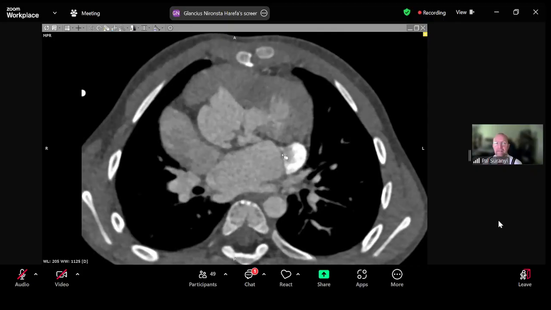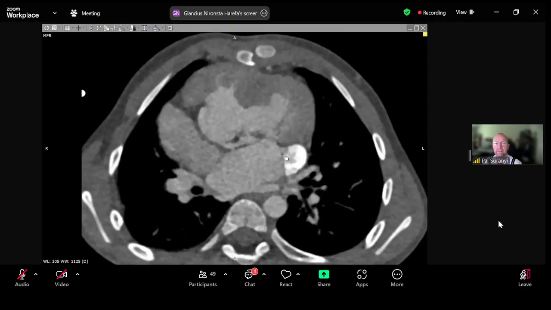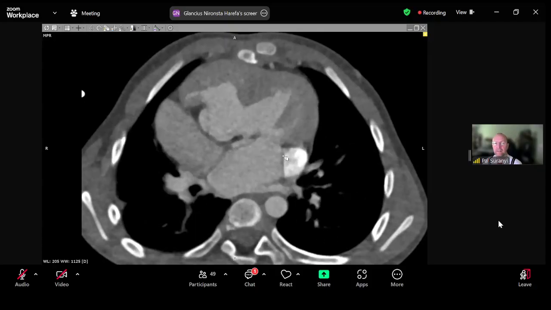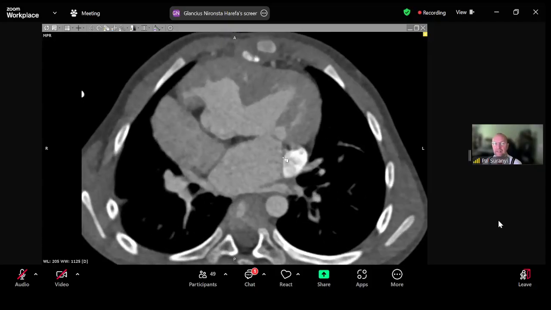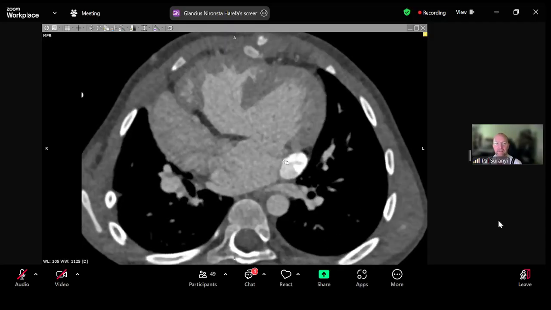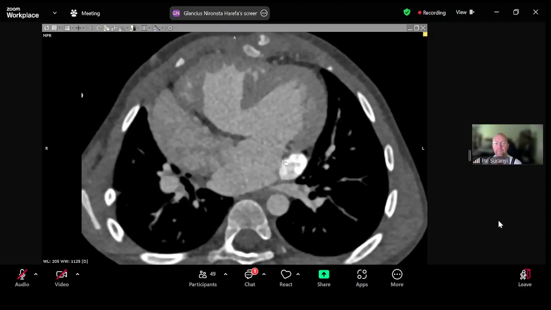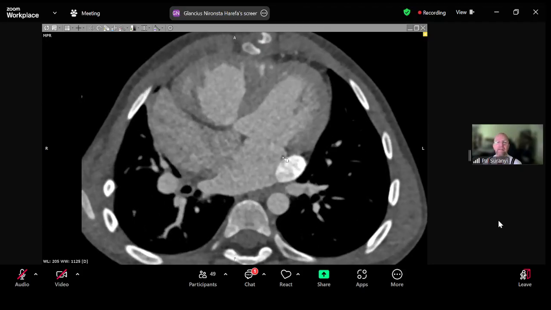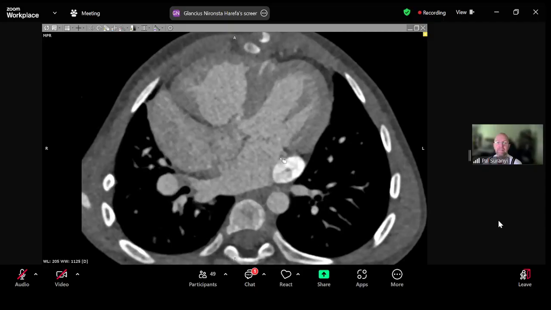In the left AV groove, left atrioventricular groove, we left the anterior groove. Now we're in the lateral aspect of the groove, adjacent to the great cardiac vein. And then we also see that big contrast-filled left SVC.